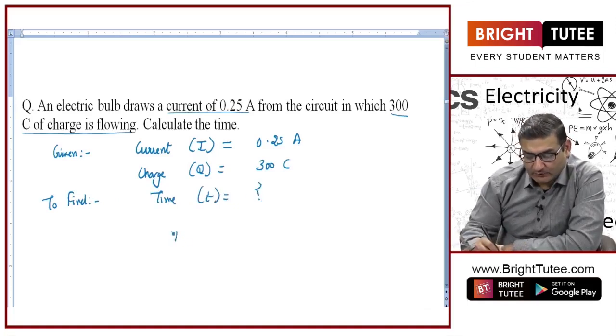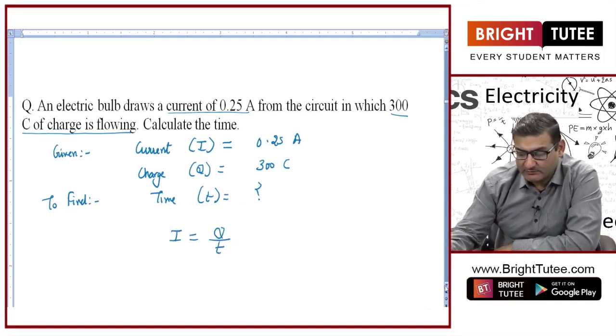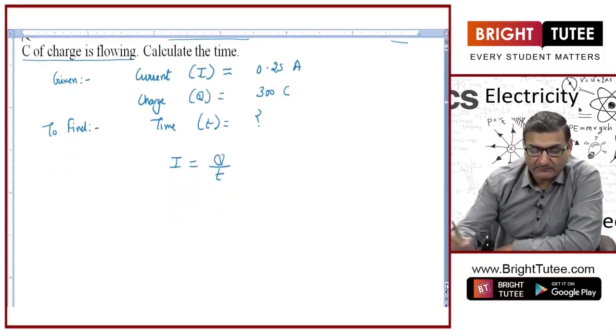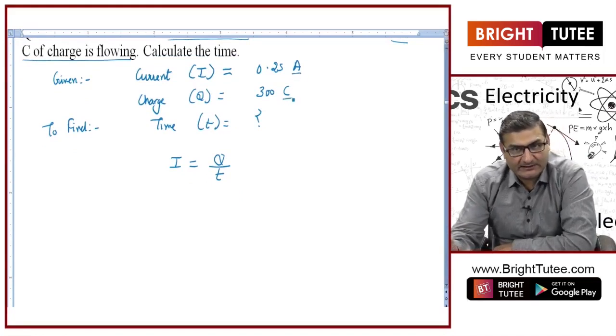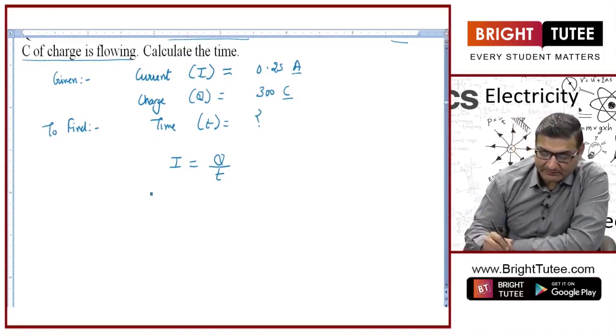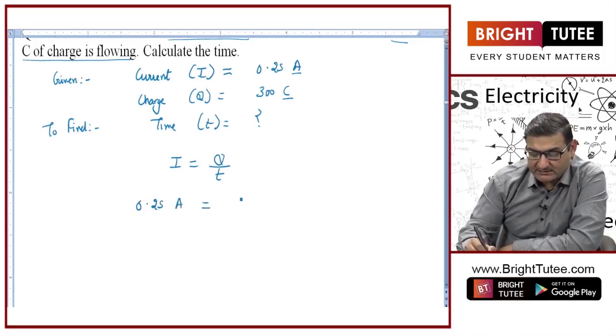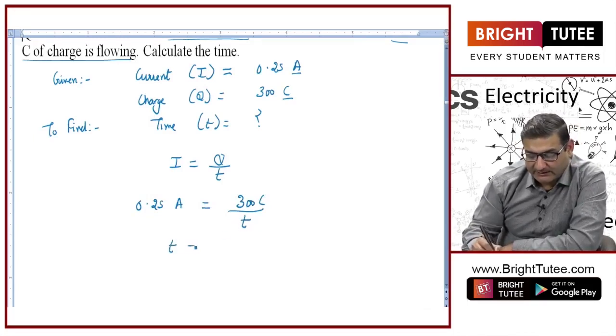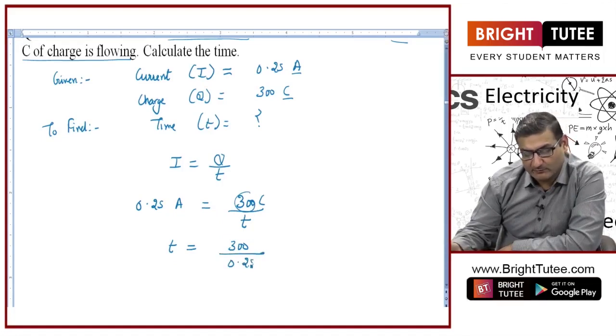Once again, we know the formula I is equal to Q upon T. Putting the values of I and Q in this formula, both have their proper SI units, so we do not have to recheck or convert. Simply putting the values, I is 0.25 amperes, charge is 300 coulombs divided by T. By cross multiplying, T comes here, and we are left with 300 divided by 0.25.